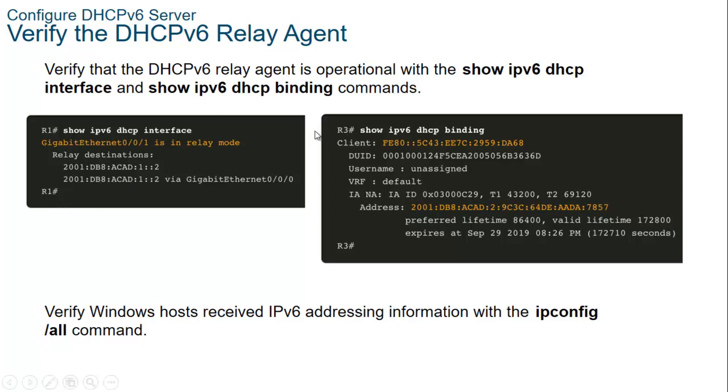You can also check that the binding happens, and we check this in R3, which is the server, and we see that yes, we have a client and we have assigned the client an IP address. You can also verify the client itself, whether it is a PC or a router, and then check whether or not it has been given an IP version 6 address.